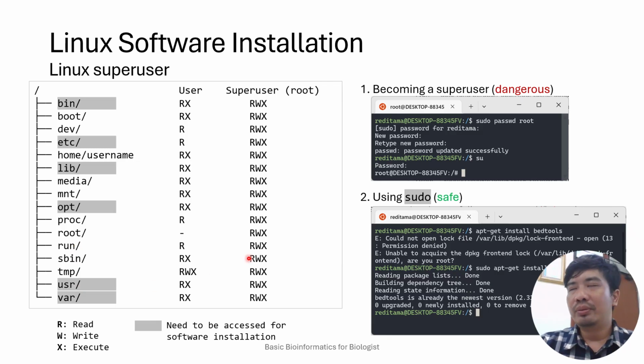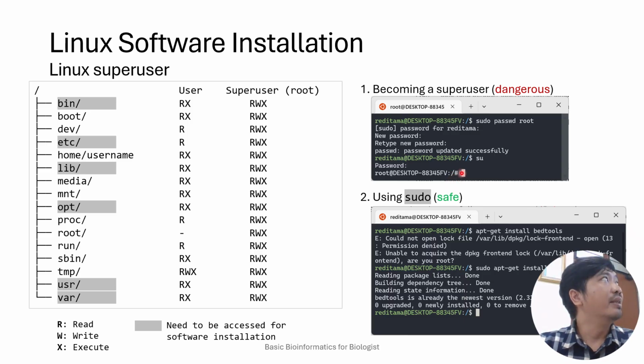There are two ways to become a super user. The first is using root su. We type the command su, and then we put in the password, and we become the root super user.